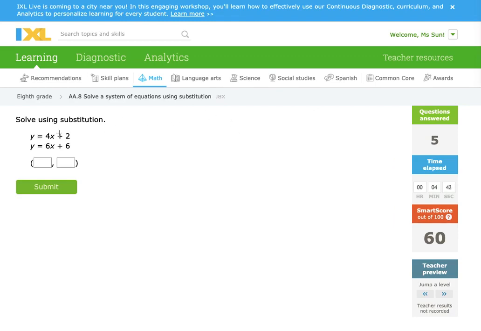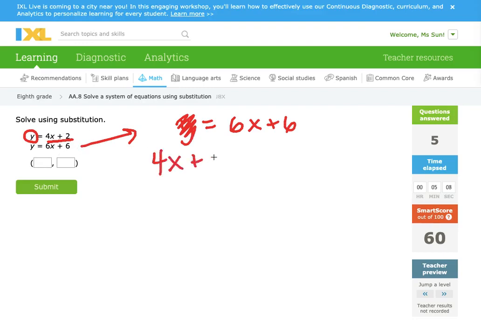If both of them equal y, then you can look at one of them as y equals this stuff, and you can replace it in the other one. The other equation says y equals 6x plus 6. Well, the first equation says y equals 4x plus 2. So instead of this y in that second equation, you can replace it with 4x plus 2.